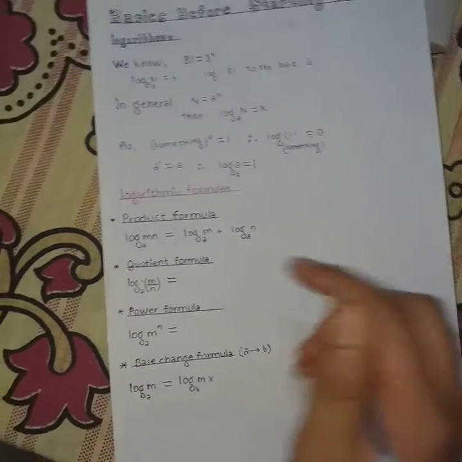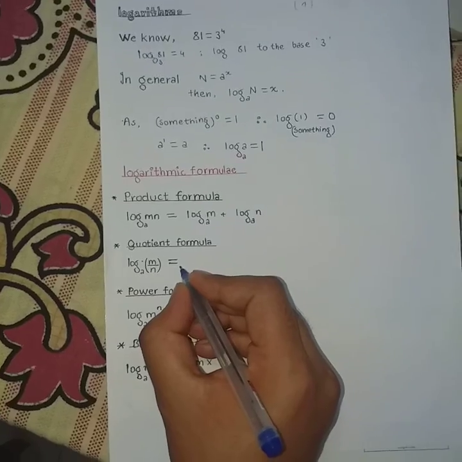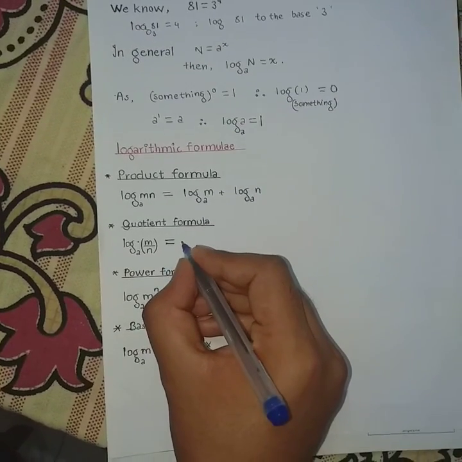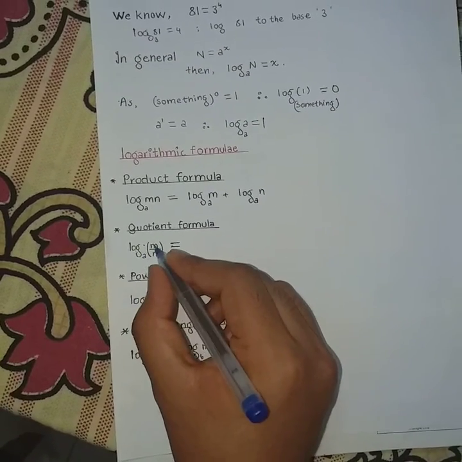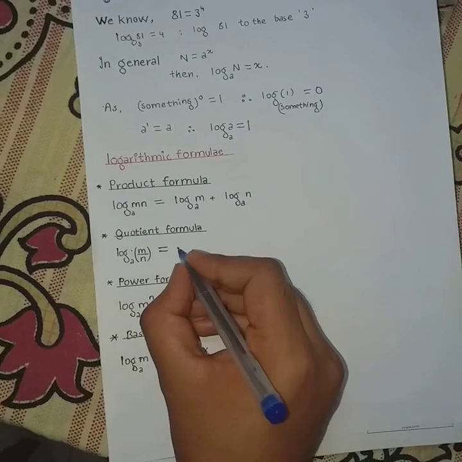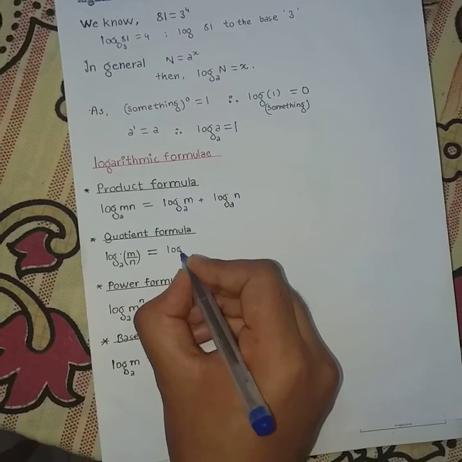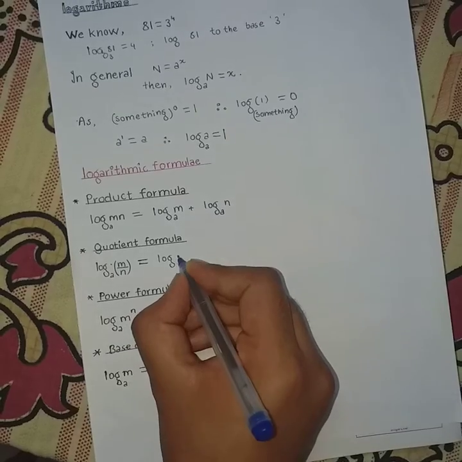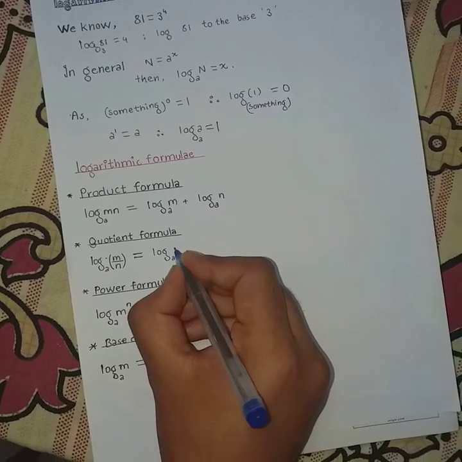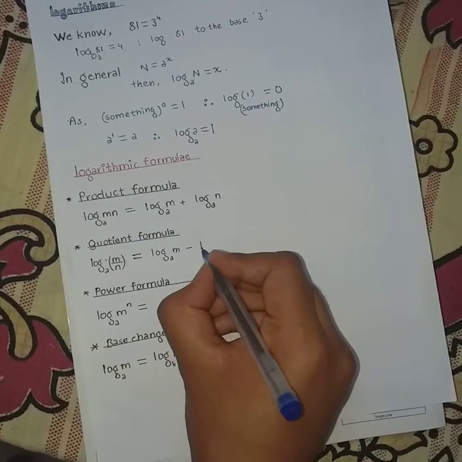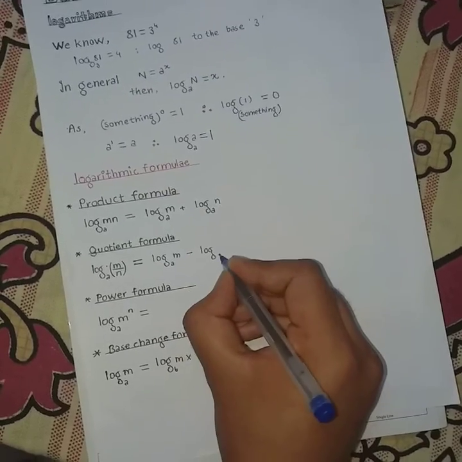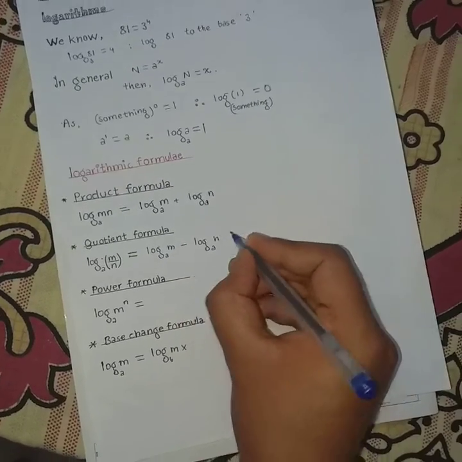This is the product formula, and in the quotient formula, log m by n to the base a can be written as log base a m minus log base a n.